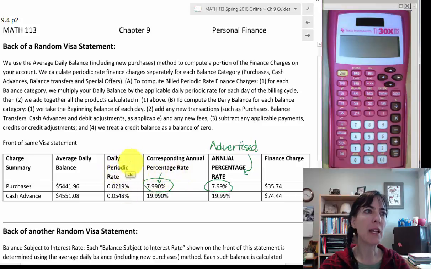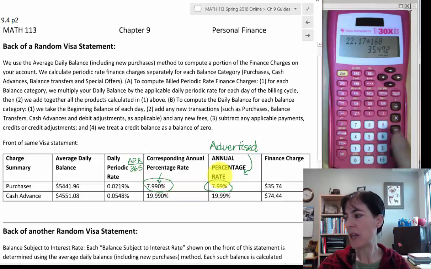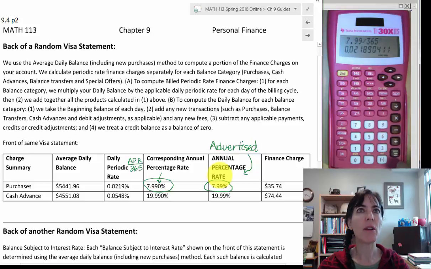And then this daily periodic rate, remember, is your APR divided by 365, like I told you. So if we take 7.99 divided by 365, we get 0.0218904, and you can see that it's 0.0219.